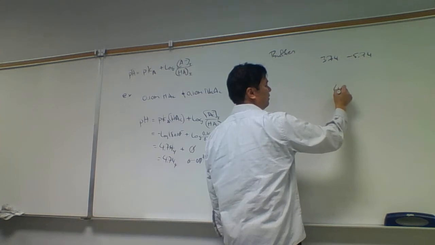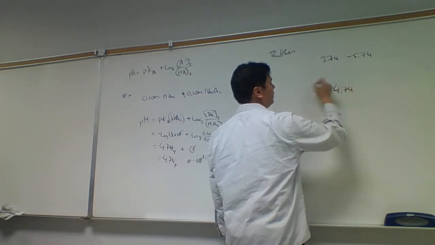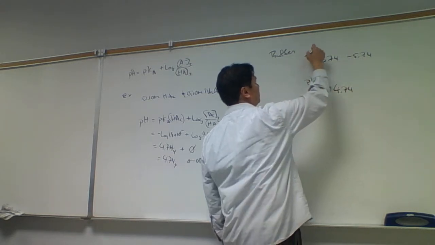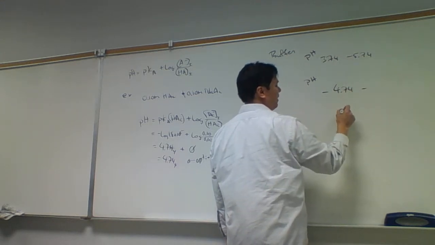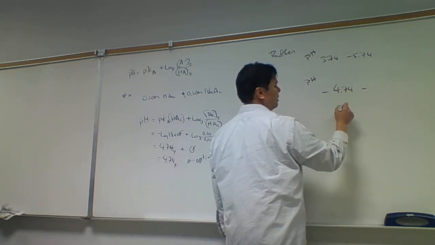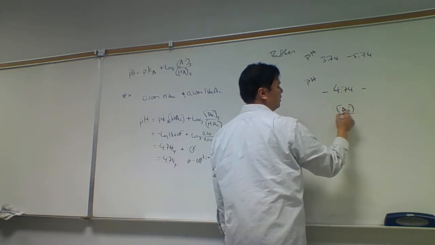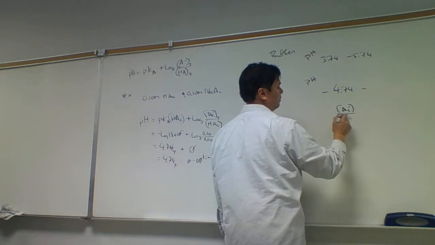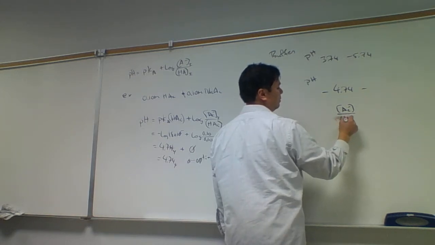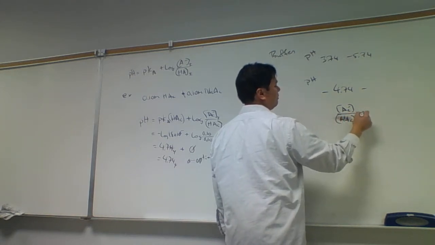And so let's take a look at these numbers here. If we're at a pH of 4.74, then we have a 1-to-1 ratio, that is the AC minus to the HAC is equal to 1.